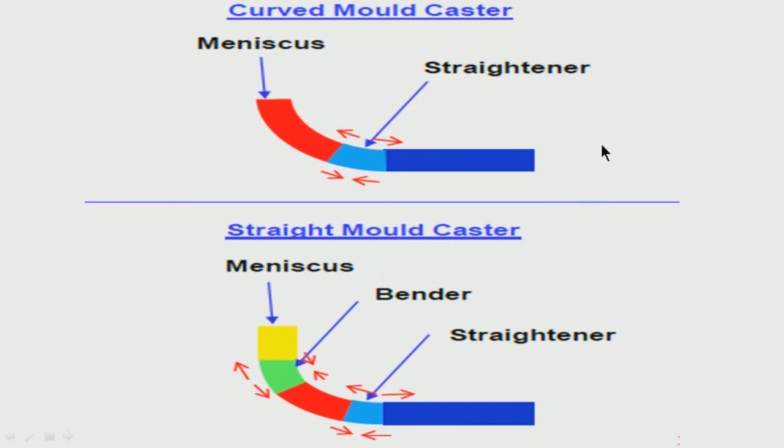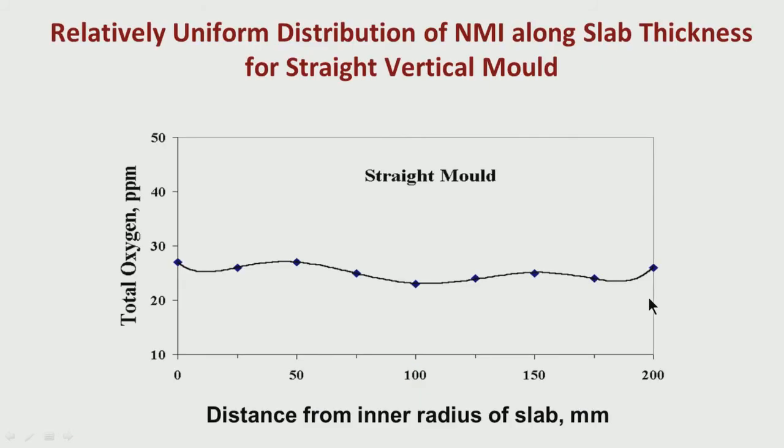So, even if the level of inclusions, the level of cleanliness, is the same in both the cases, the distribution is not the same. Distribution means more inclusions near the inner radius for a curved mold, but here it is more or less uniform throughout the thickness. I am talking about the thickness of the slab here.